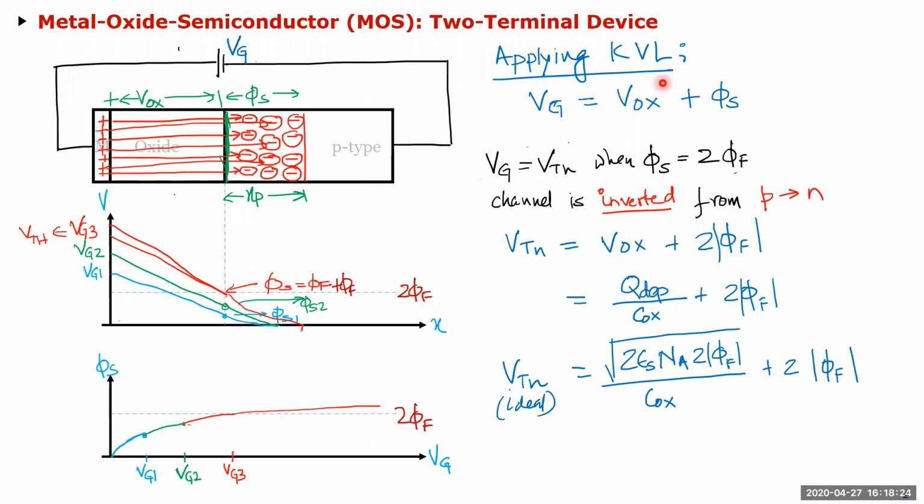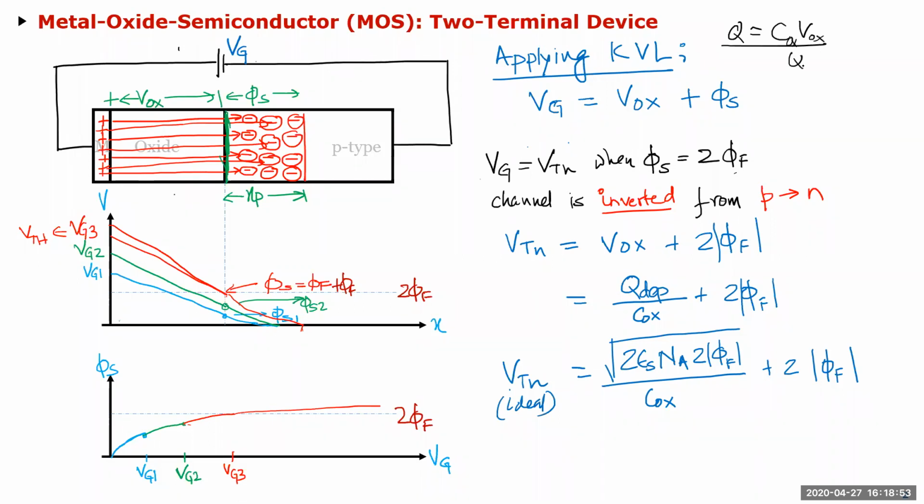And this oxide voltage is basically all the charge which is required for you to build this depletion across this oxide, right? So Q is equal to CV, right? So you're trying to find out what Vox is. You know C, that's Cox.